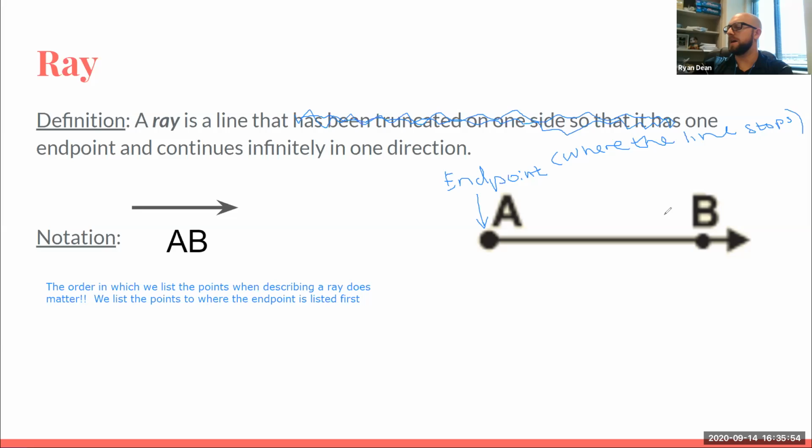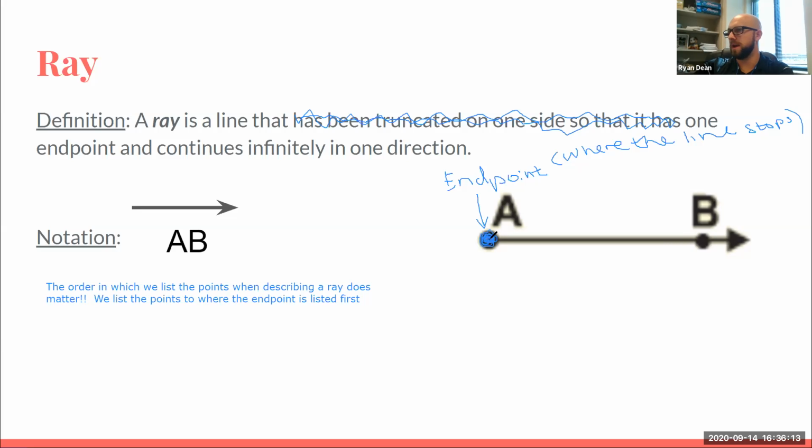That's why segments have two endpoints, because the line stops at two points, right? That's why we're able to measure segments, but with lines and rays, we can't measure them. So an endpoint would be right here at A, and it's just where this ray stops.